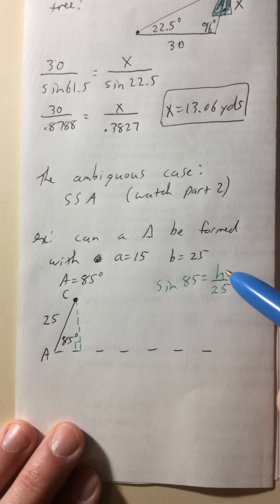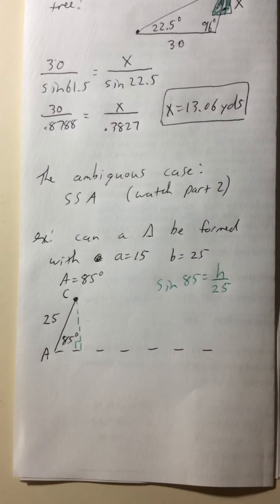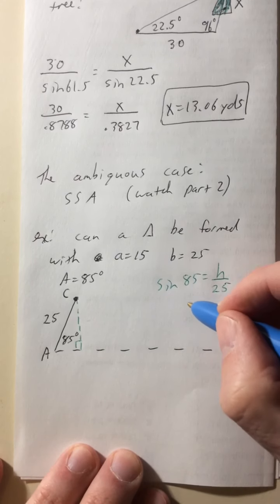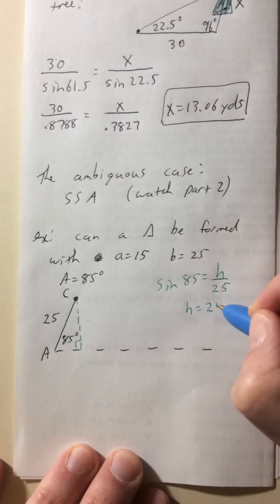And so in order to find h, we just do sine of 85 times 25. So 25 times sine of 85 equals 24.9. So we know that h equals 24.9.